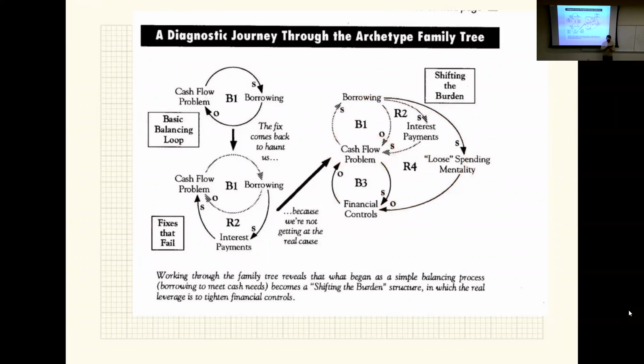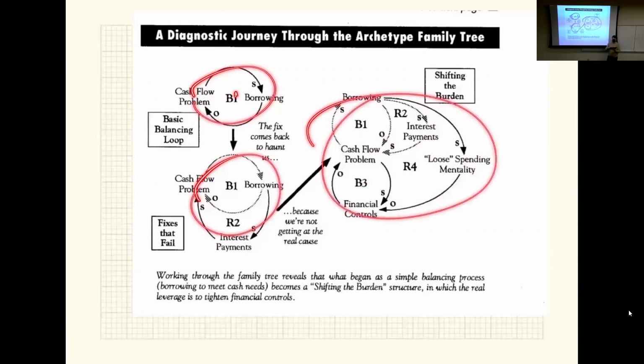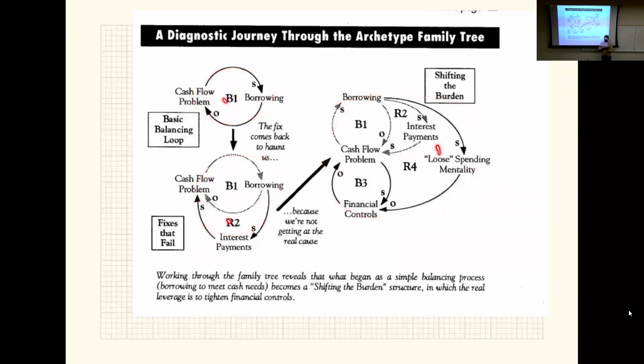So not only was it a fix that failed, but it also had a side effect that it reduced the chances of me doing what I should have been doing in the first place. And so when we look at the three of these from Kim and Lannon, they look like three separate archetypes. But in reality, there's a nice connection between them.